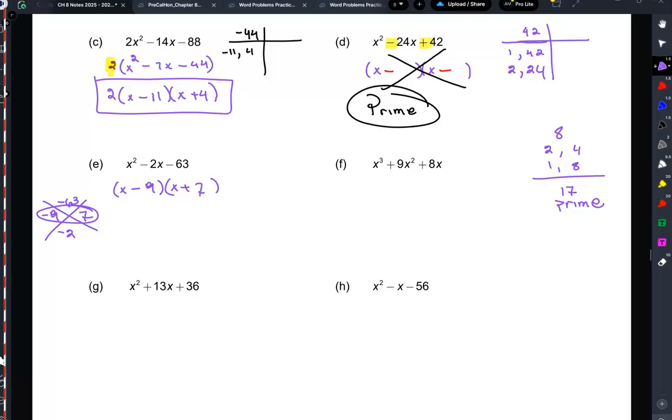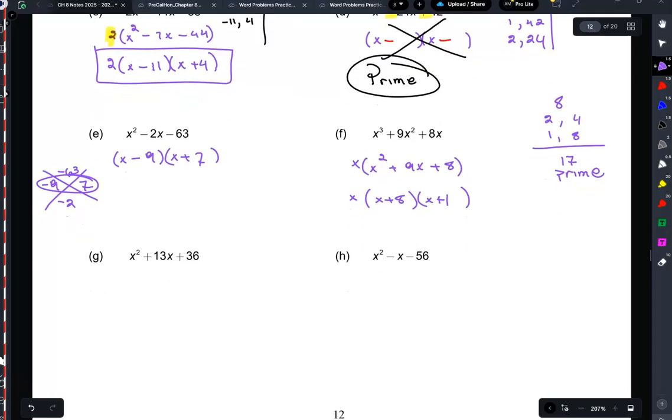Okay, here, is there a GCF to factor out? Yeah. What? x. I can take out an x, so I get x(x squared + 9x + 8). Okay, go ahead and factor that one. Right? Okay. All right, go ahead and do the bottom two. I'll race you to it.